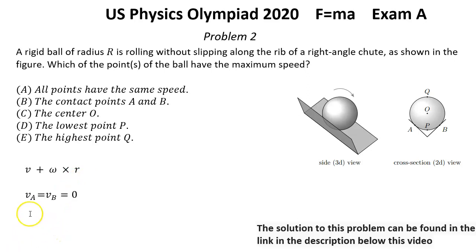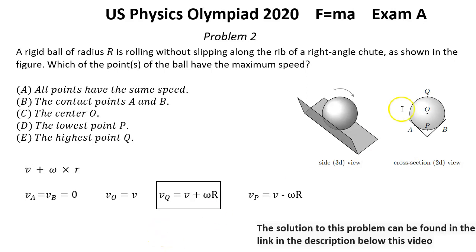We have VA equals VB equals 0, VO equals V, VQ equals V plus omega R, and VP equals V minus omega R. So we can see that the maximum speed will be at point Q, which is V plus omega R, and that's answer E, and that was the solution for problem number 2.